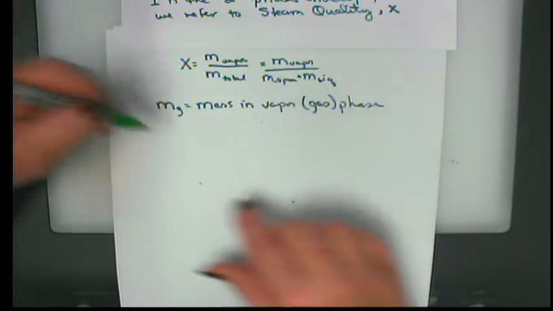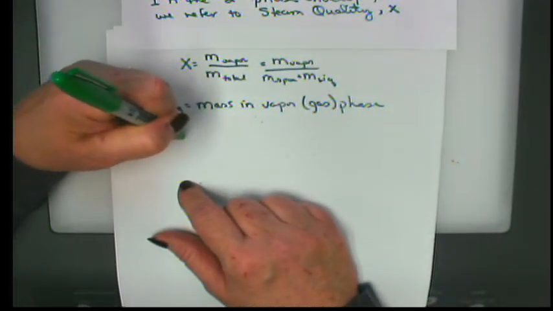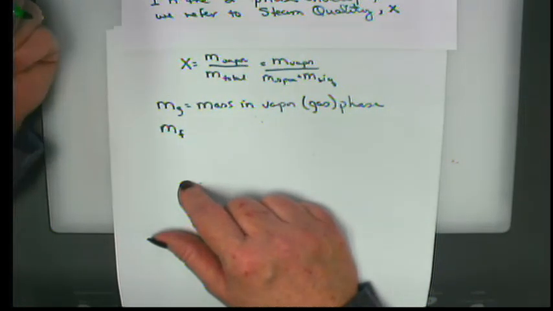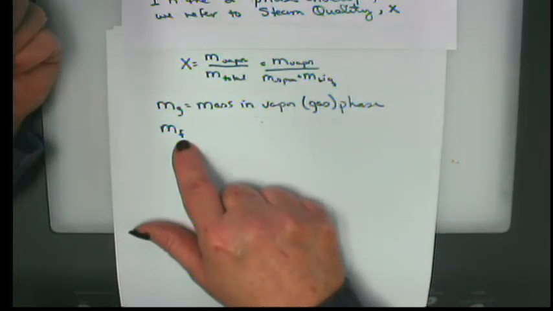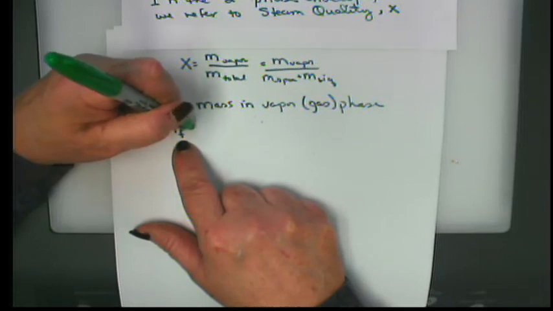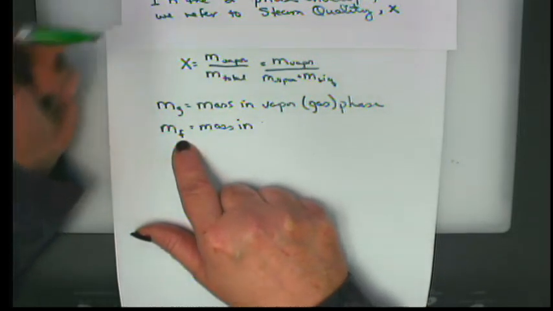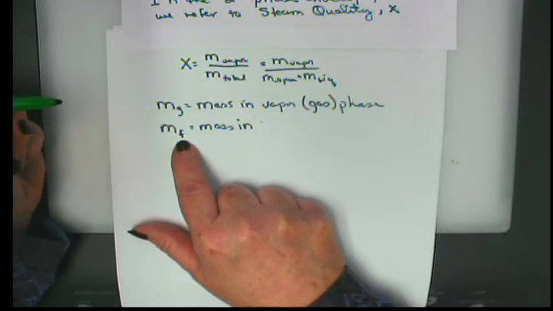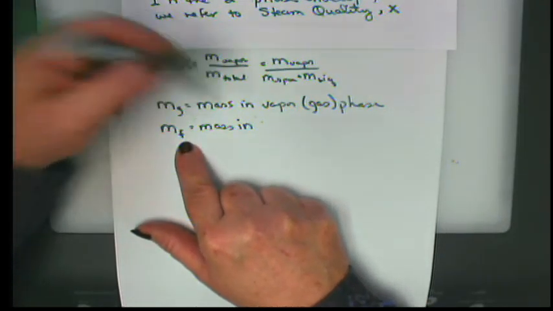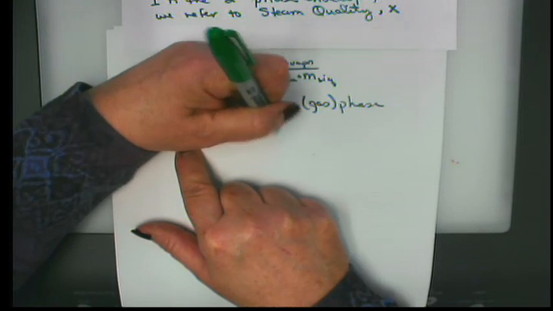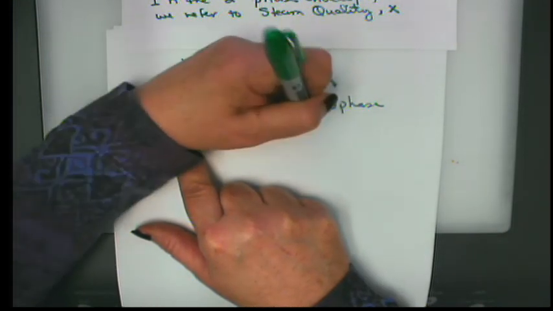And then they subscript that, and it's really kind of incorrect, but it's accepted in the industry, that you call m sub f, which is mass in the fluid phase, but I'm not going to write that down because fluid really means liquid plus vapor, but when they use this term, they really mean liquid.